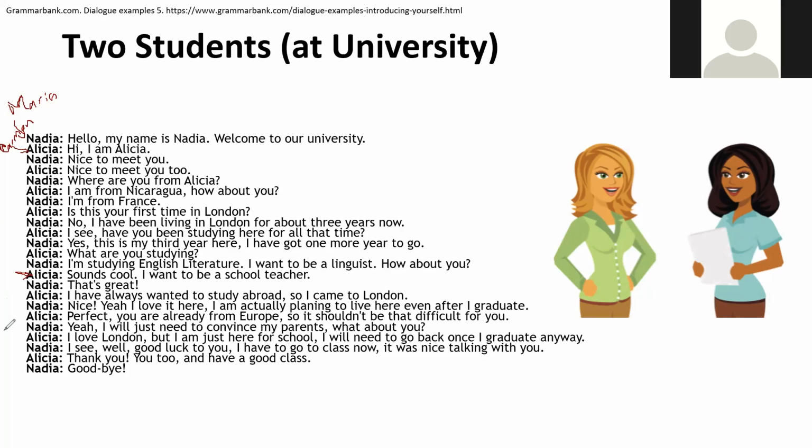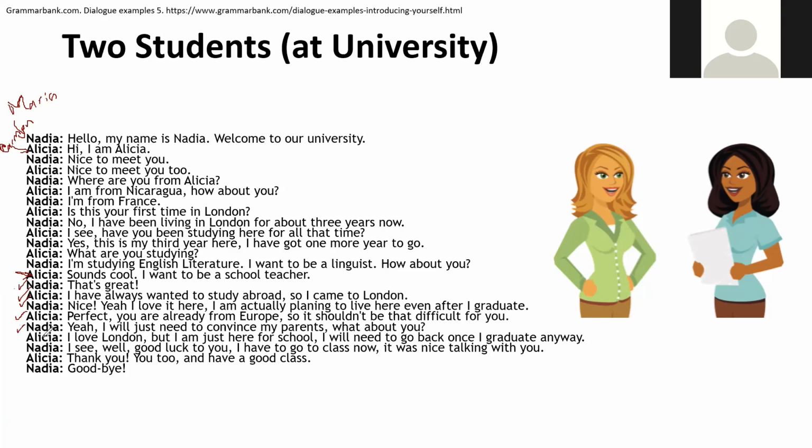Sounds cool. I want to be a school teacher. That's great. I have always wanted to study abroad, so I came to London. Nice. Yeah, I love it here. I'm actually planning to live here even after I graduate. Perfect. You're already from Europe, so it shouldn't be that difficult for you.